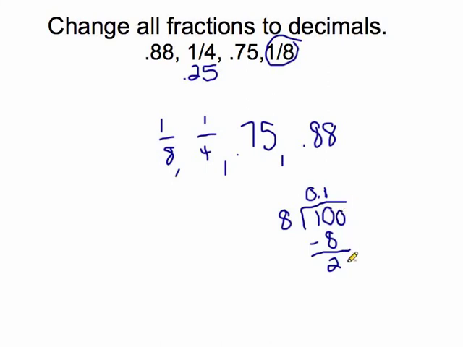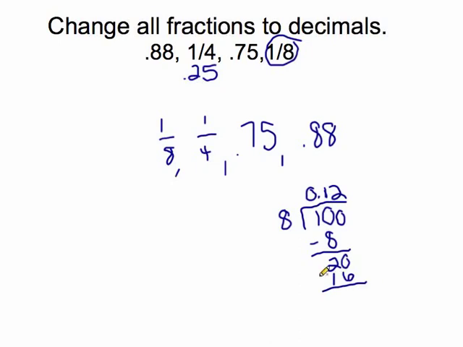Bring it down. 8 will go into 20. It will go into it twice, which is 16. It will not go into it 3 times because 3 times would be over. So I'm going to go twice and make this 16.